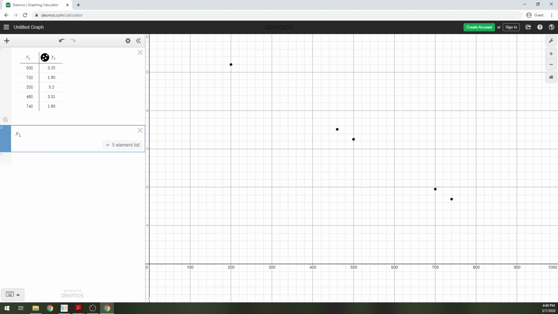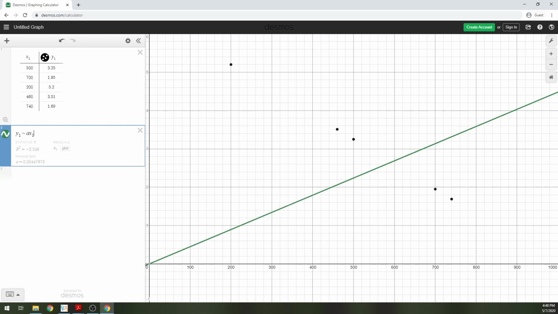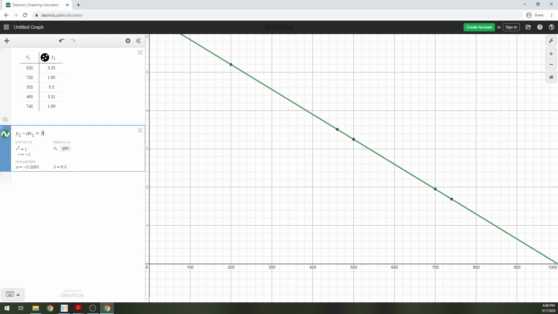So once again, we will form our regression. y_1 ~ a x_1 + b. That's the format. You can see in this case, we don't really talk about it, but the r squared value is 1, and you can see that the points match a line of best fit perfectly.